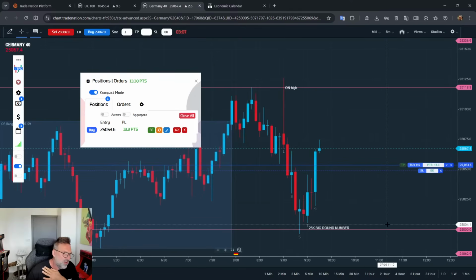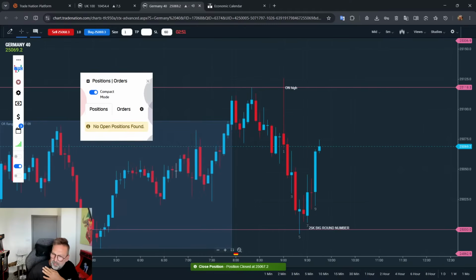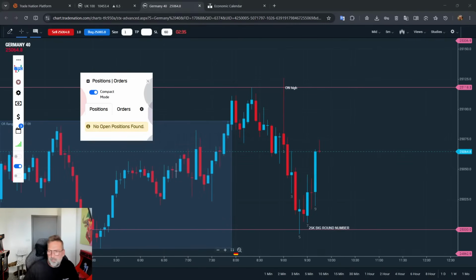Can't there just be, for once, a little bit of follow through? Come on, Daxi. Yeah, come on. I'm taking it. I was shooting for 15. I got like 13. Close DAX. DAX closed. Plus 13 or thereabouts, so shooting for 15.